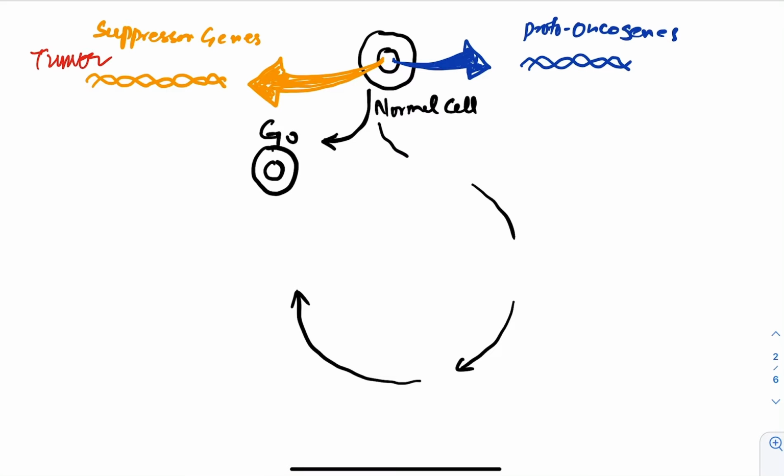Proto-oncogenes control the synthesis of proteins which are known as activator proteins.